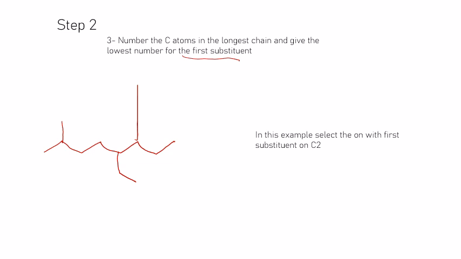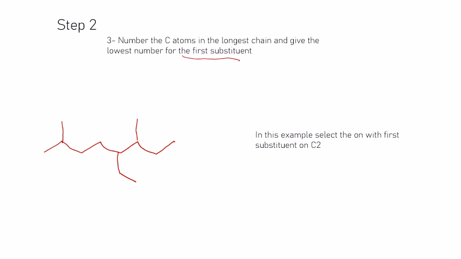Okay, so how can we number that? So I have substituents 1, 2, 3 here. The first substituent should have the lowest number.